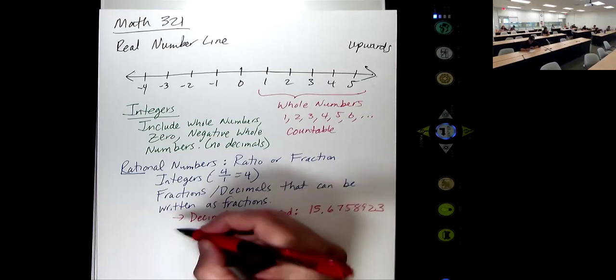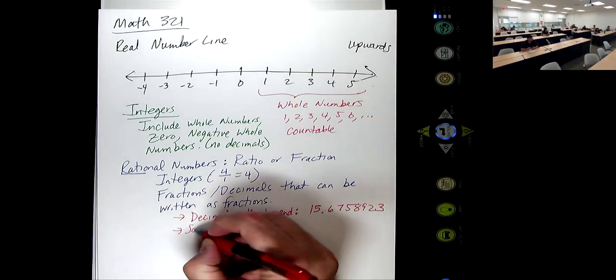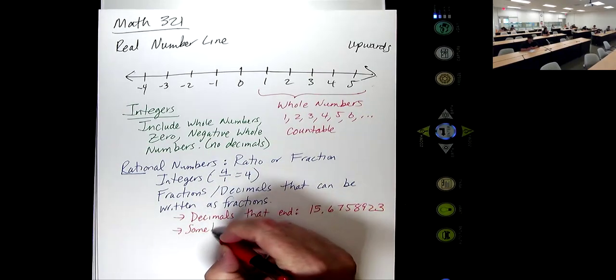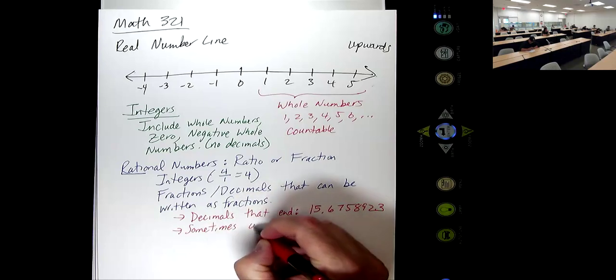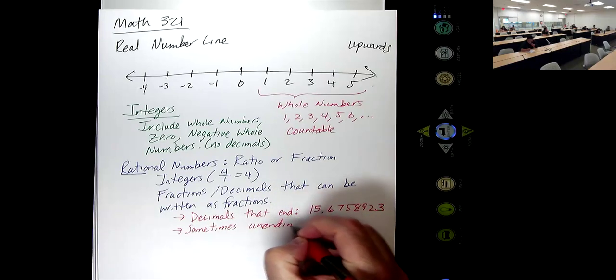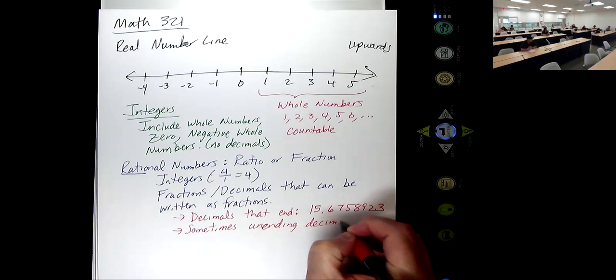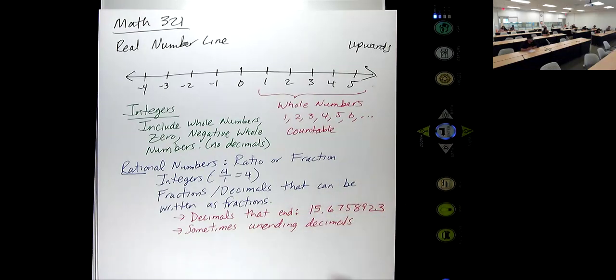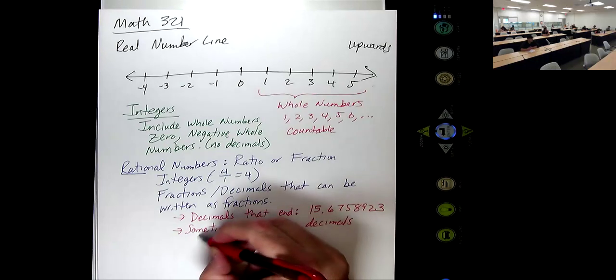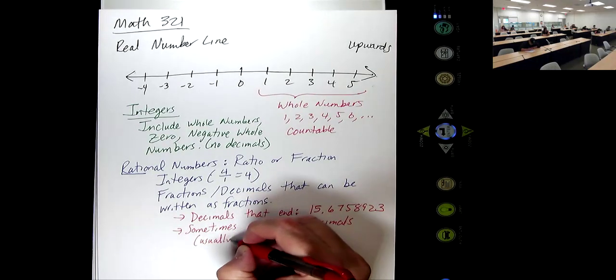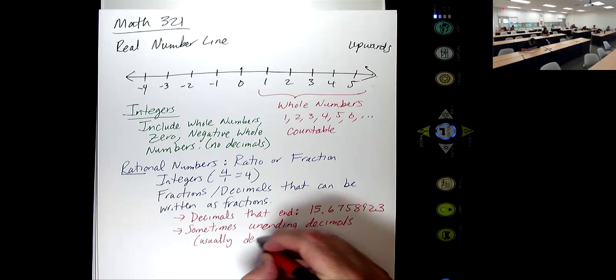Also in this category are sometimes unending decimals. And these are usually, I can't think of any that are not, decimals that repeat.